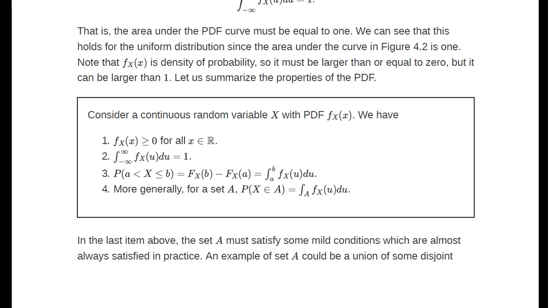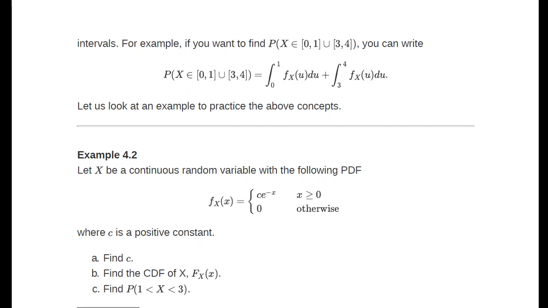An example of set A could be a union of some disjoint intervals.